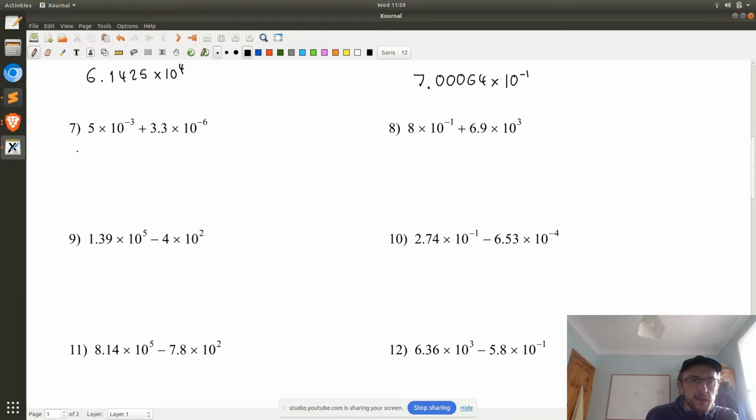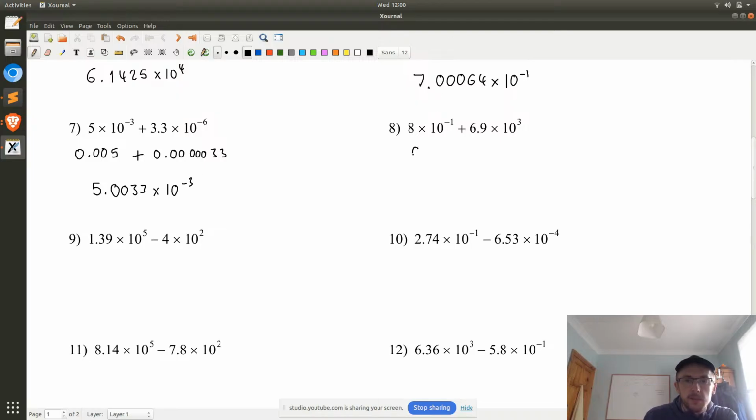This is 0.005, and this is 0.0000033, like that. So what do we get? Well, we get 5 right there, 0.0033, and then it's all times 10 to the minus 3.